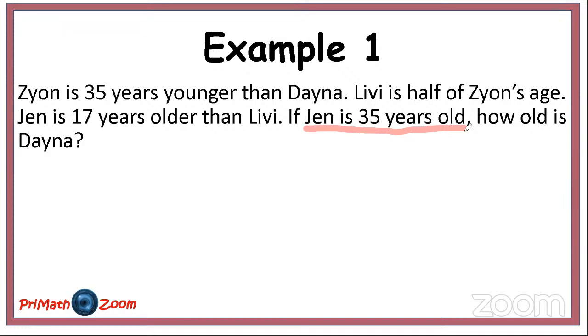We can find out Livy's age now because basically we need to move from what we know to what we don't know. So it says that if Jen is 35 years old, how old is Dana? Then we need to look for the sentence that comes before that to see if there's a relationship between Jen's age and Livy's age.